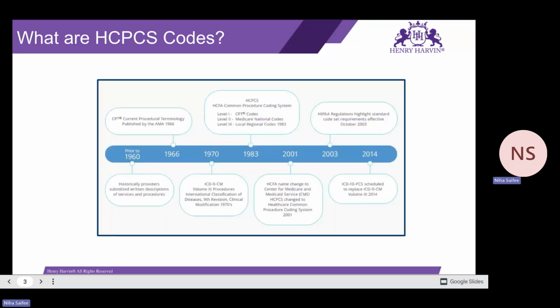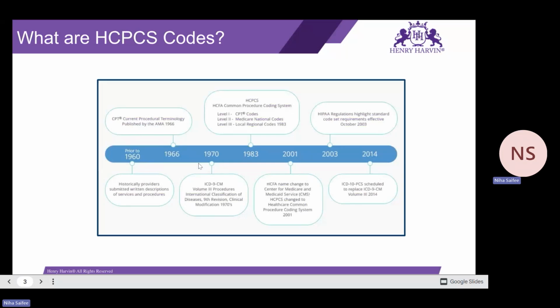All right. So this is how your HCPCS coding system was formed. The first coding system that came into existence was the CPT. Before that, a written description of services and procedures was submitted. In 1966, the AMA formed the first coding system, that is Current Procedural Terminology, CPT.